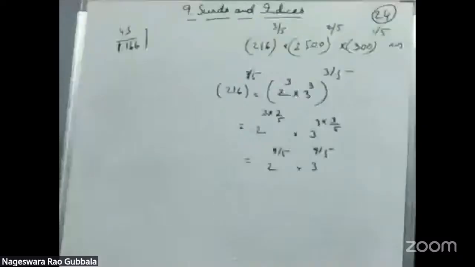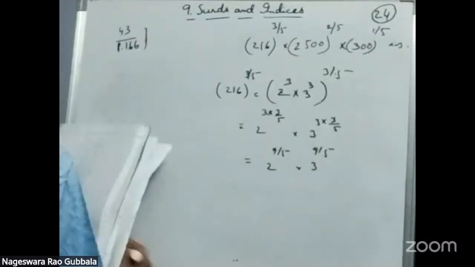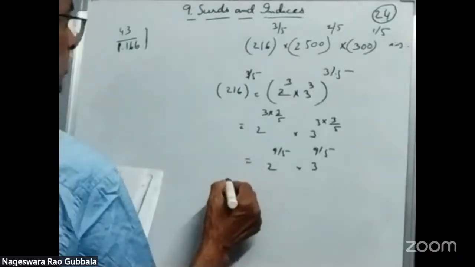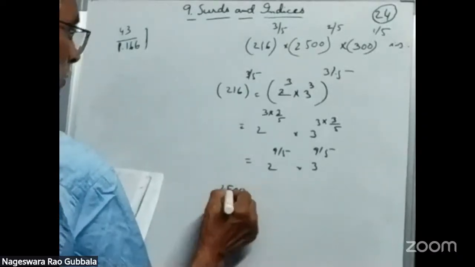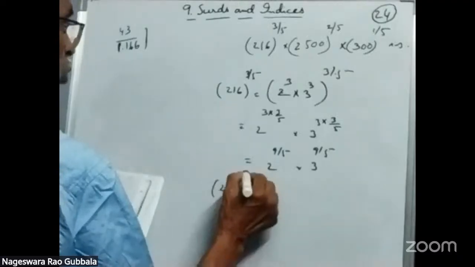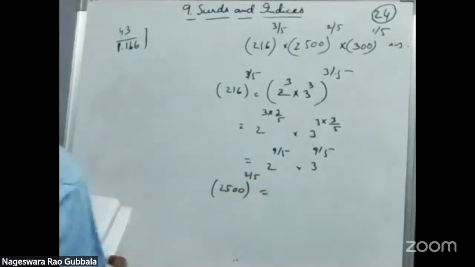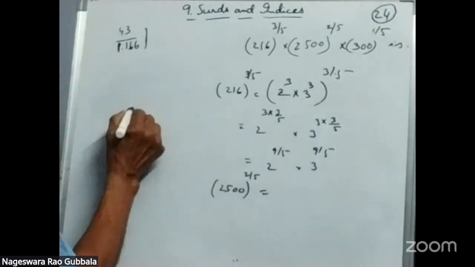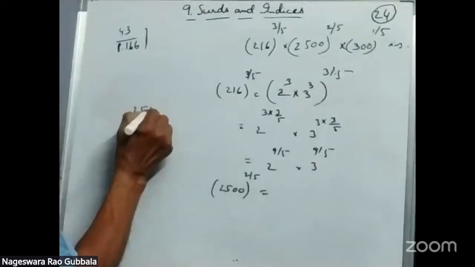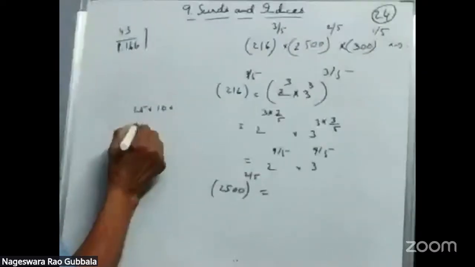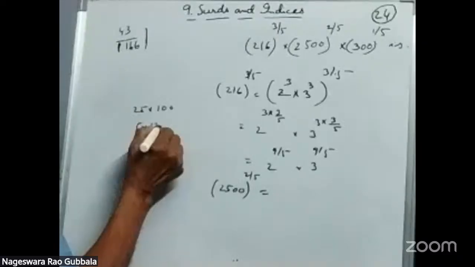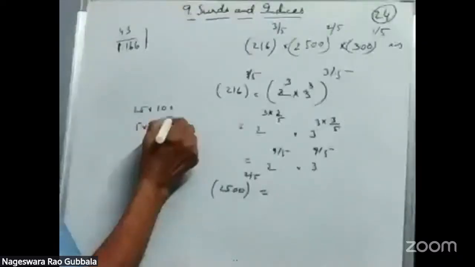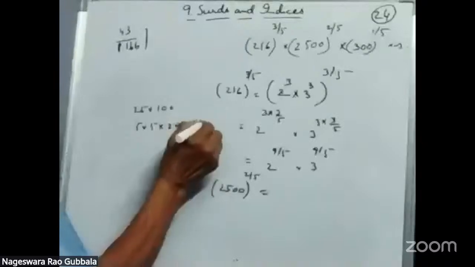That gives 2 to the power of 9 by 5 into 3 to the power of 9 by 5. Now 2500 to the power of 2 by 5. 2500 is 25 into 100. 5 into 5 is 25. 100 is 10 into 10, that is 2 into 5 into 2 into 5.